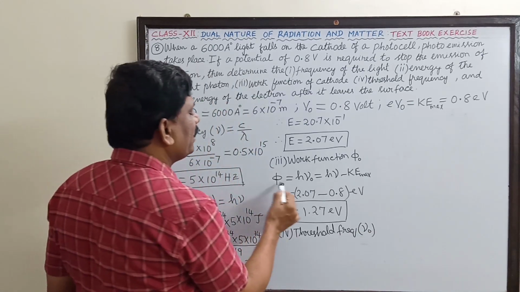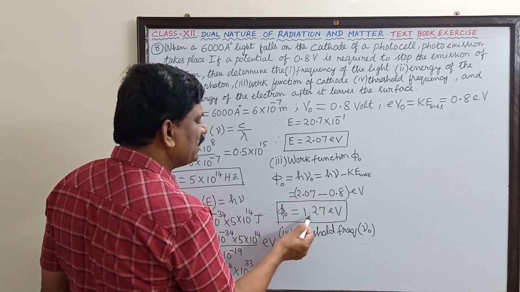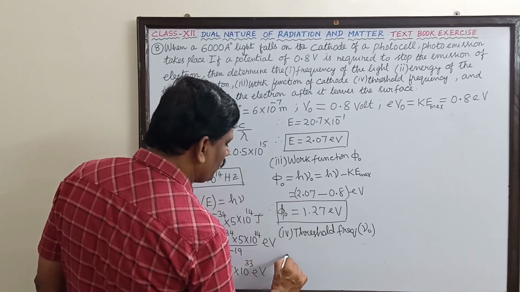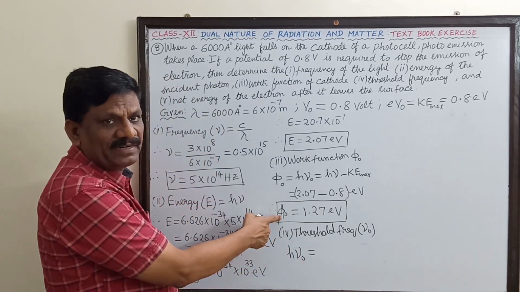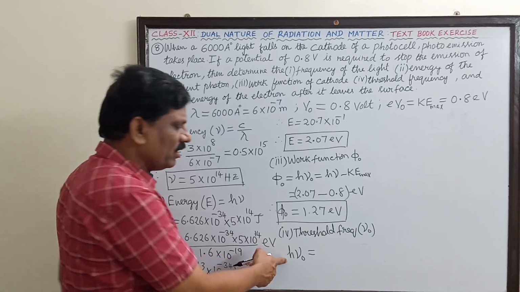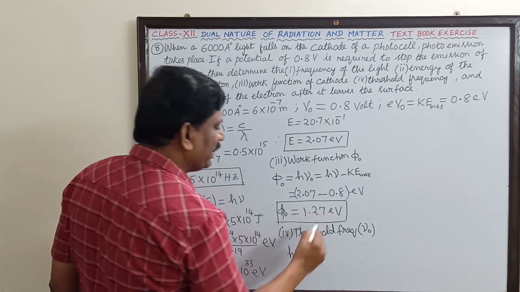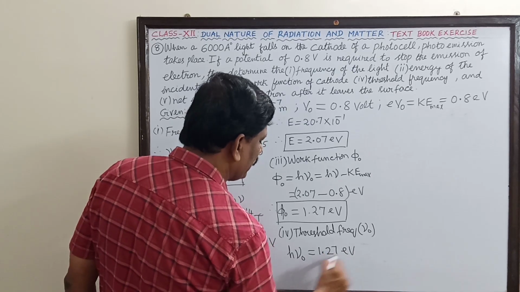So phi naught is equal to H into nu naught. H into nu naught is equal to how much? We have got 1.27 electron volt. So H into nu naught, that is nothing but the work function only. So in place of phi naught, I have substituted H into nu naught. And the answer is in electron volt. So this is 1.27 electron volt.